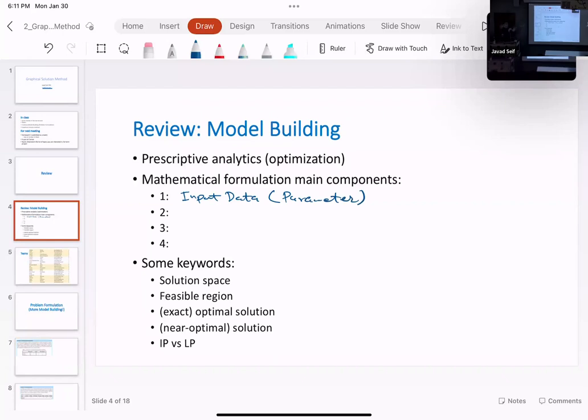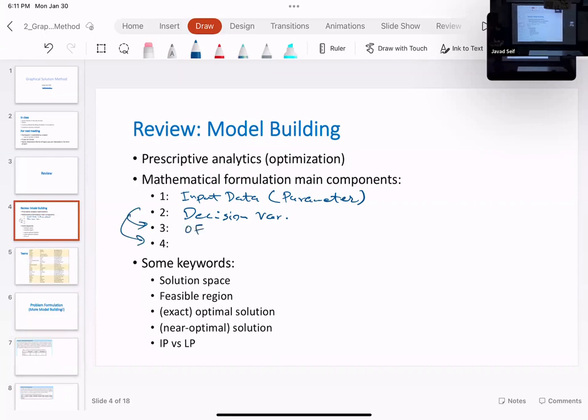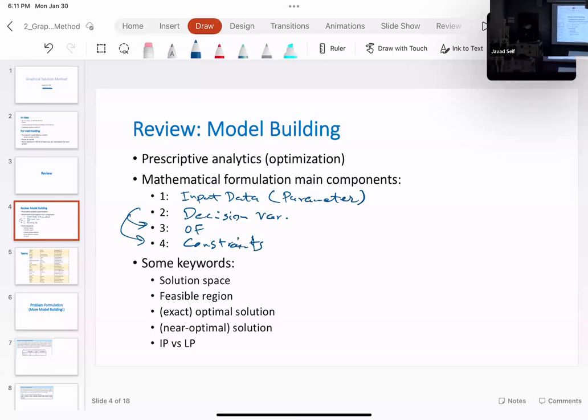Those were the constants that we had in the objective function and right-hand side of the constraints. And then we had the decision variable. And then based on the decision variable, we wrote one objective function and a set of constraints. The objective function and constraints are all functions of the decision variable.